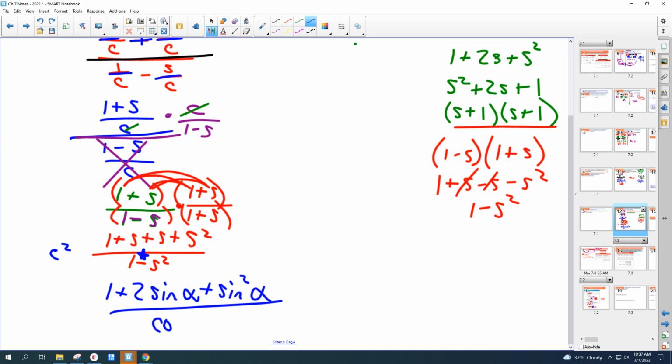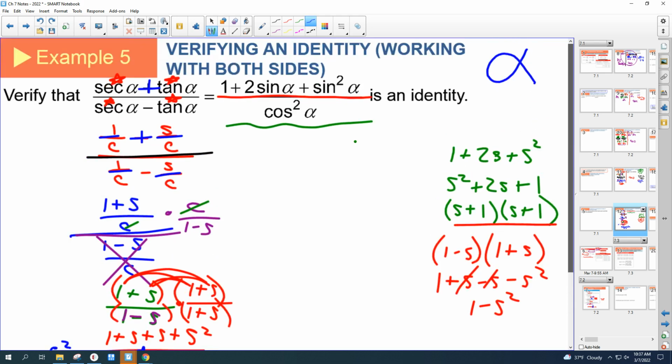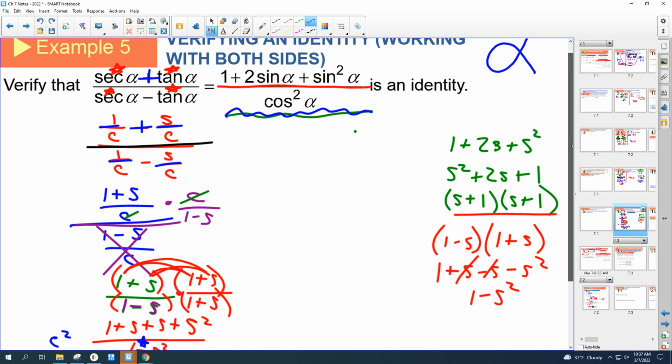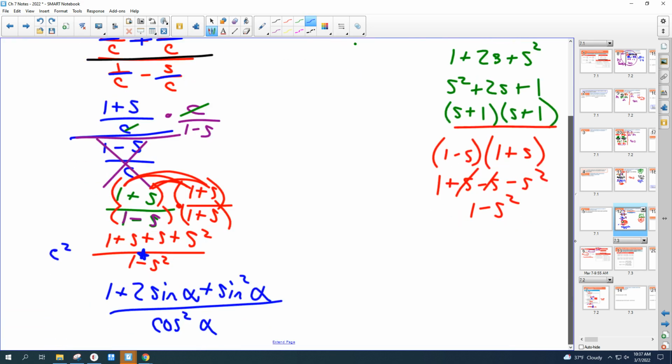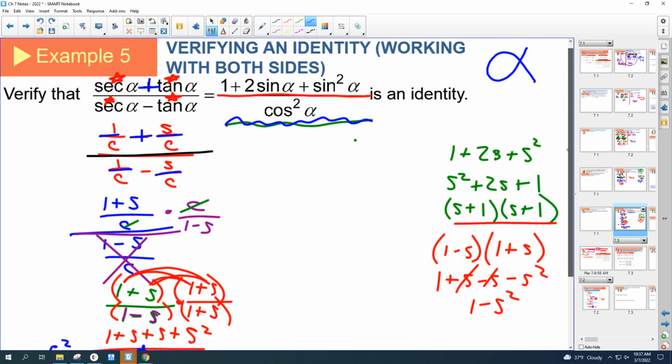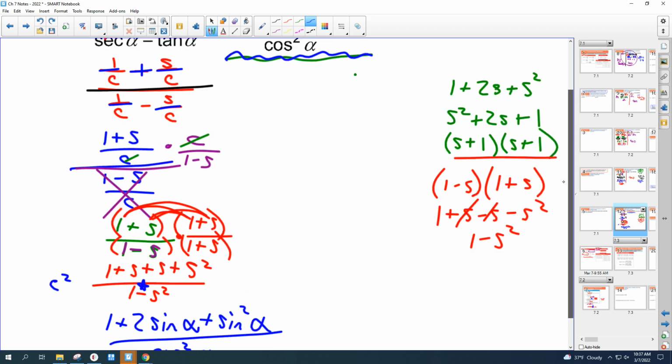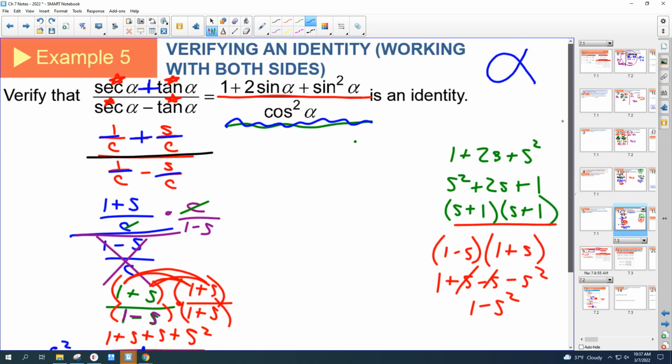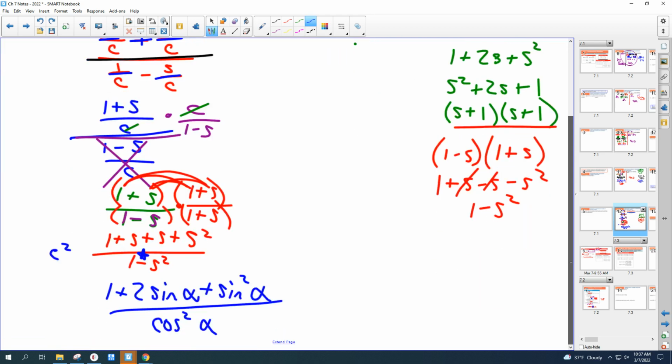So I've got cosine squared alpha right there. And I believe that's what we needed to show, right? 1 plus 2 sine alpha plus sine squared alpha over cosine squared alpha. That's the same thing. Make sure you've code switched back to where it is exactly the same thing. Don't leave it as algebra, because your algebra doesn't look like what we need it to look like. But once we're the same, we're done.